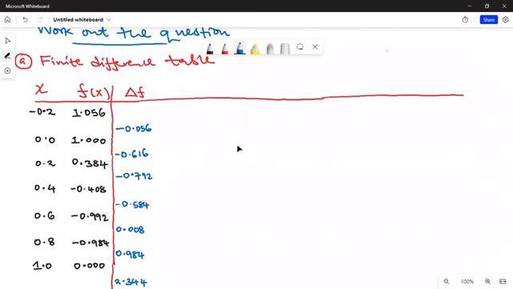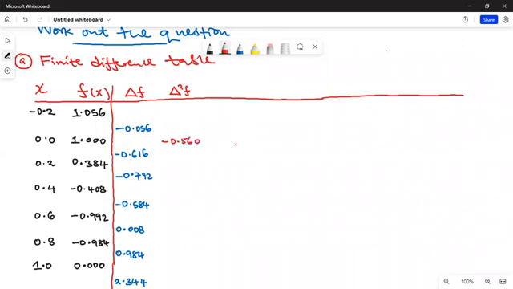Let's proceed to the second order difference column. We'll write here delta squared operating on f. As usual, you subtract negative 0.616 minus negative 0.056. You're going to get negative 0.560. So we write it here, negative 0.560.